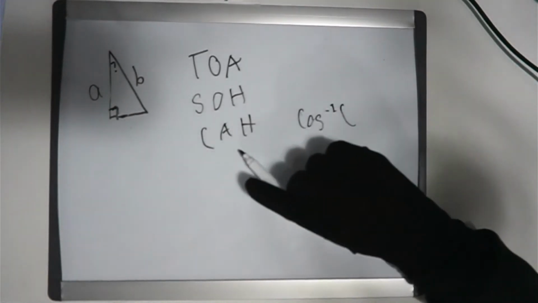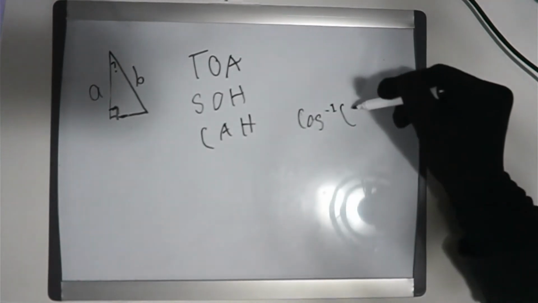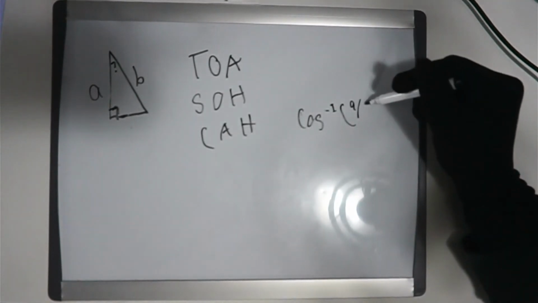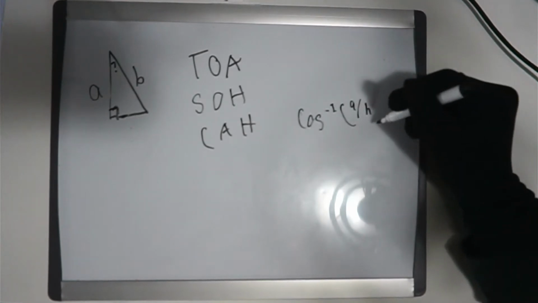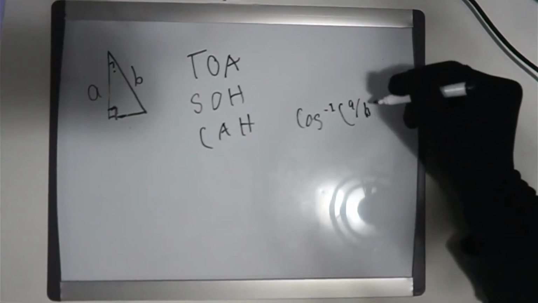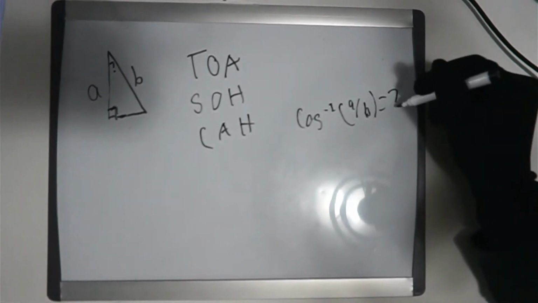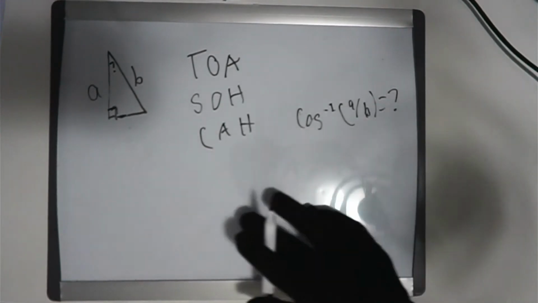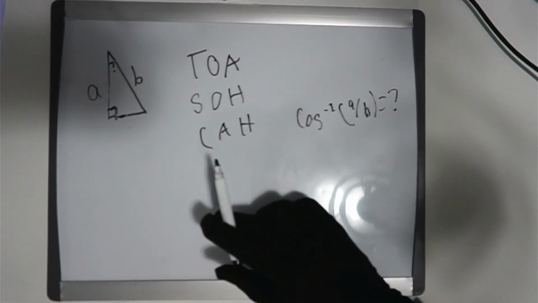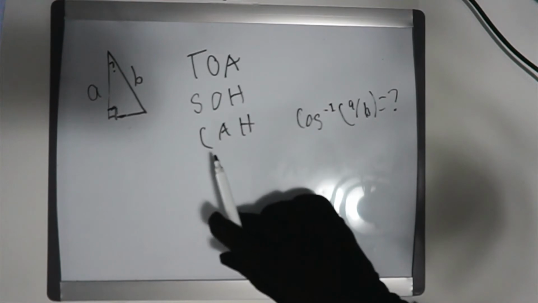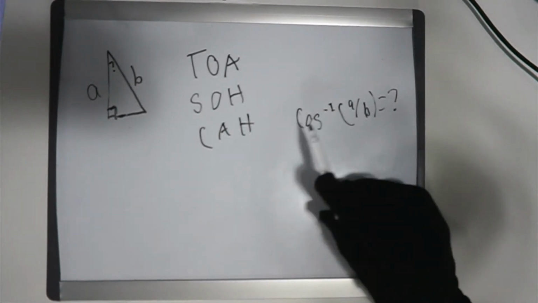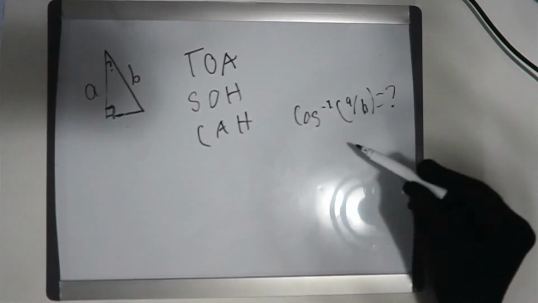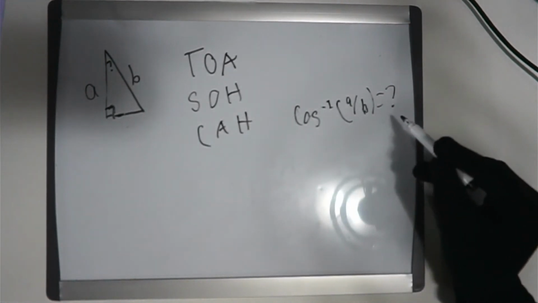And since it's adjacent and then hypotenuse, it would be adjacent over hypotenuse, which is B in this case. And that will give you the question mark here. So you list it in the order it's labeled here. So if you know it's cosine, you can say CAH and spell it out: cosine adjacent hypotenuse, and that will give you the angle.